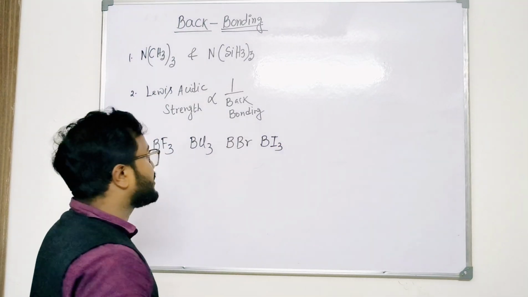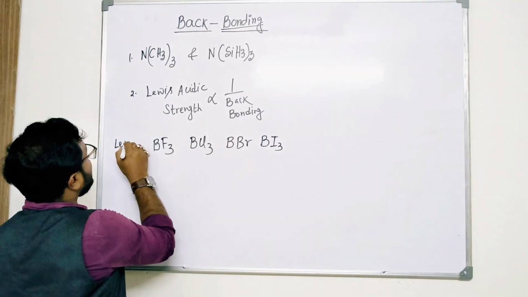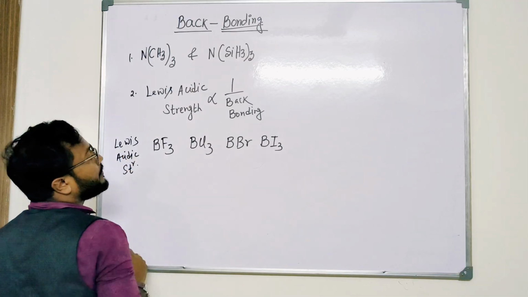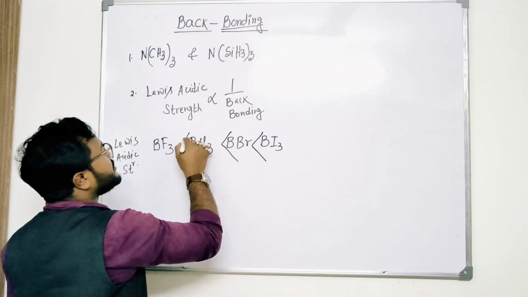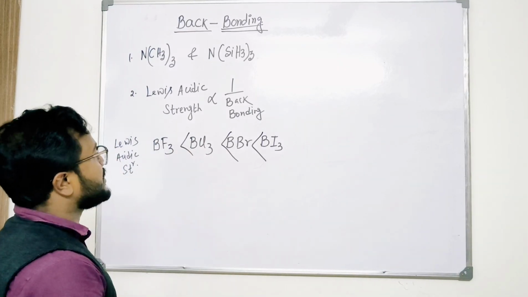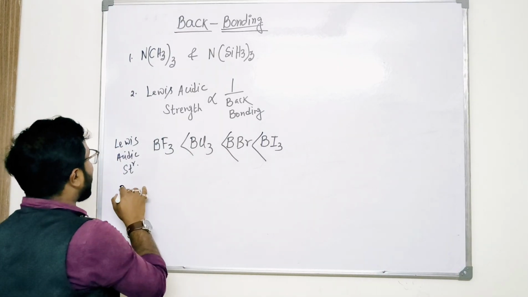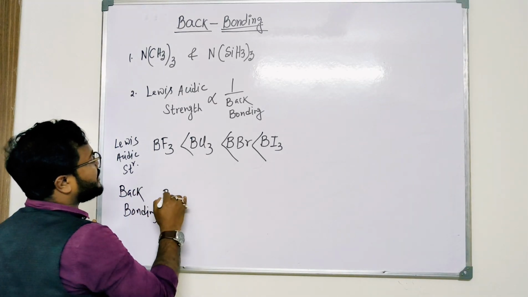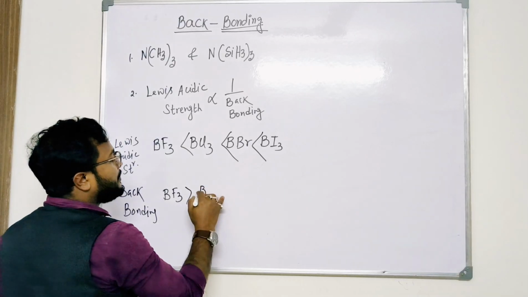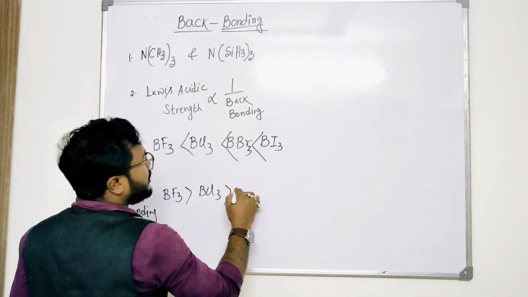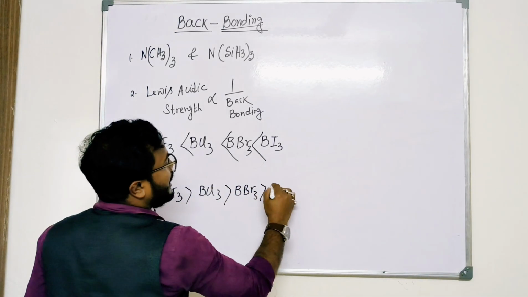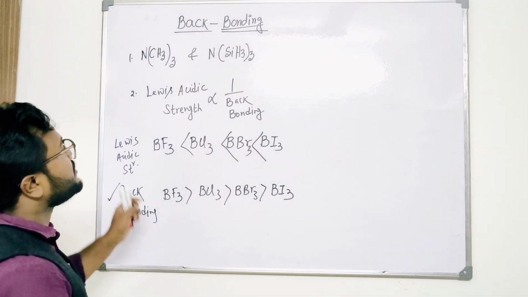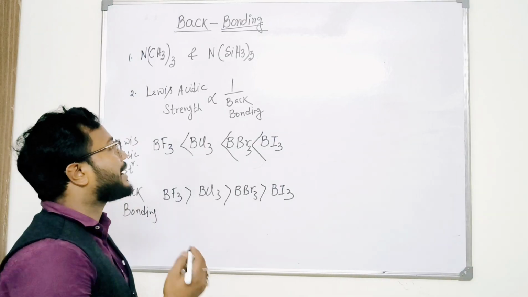In these cases, if we check the order of Lewis acidic strength, BI3 have highest Lewis acidic strength. As a result, the chances of back bonding will be highest in BF3, then BCl3, then BBr3, then BI3. So highest back bonding chance will be here. So acidic basic strength is also affected by back bonding.